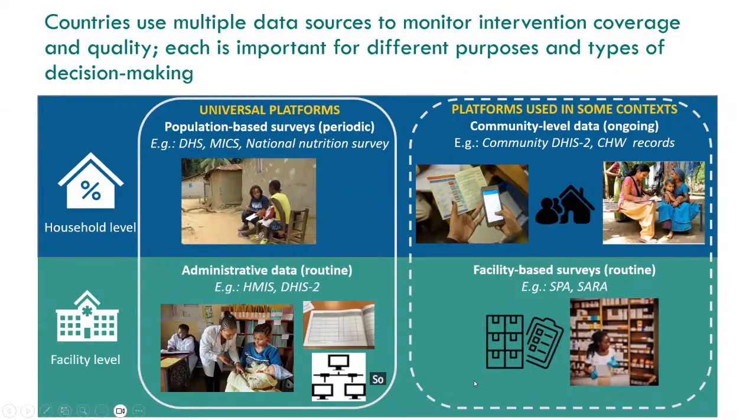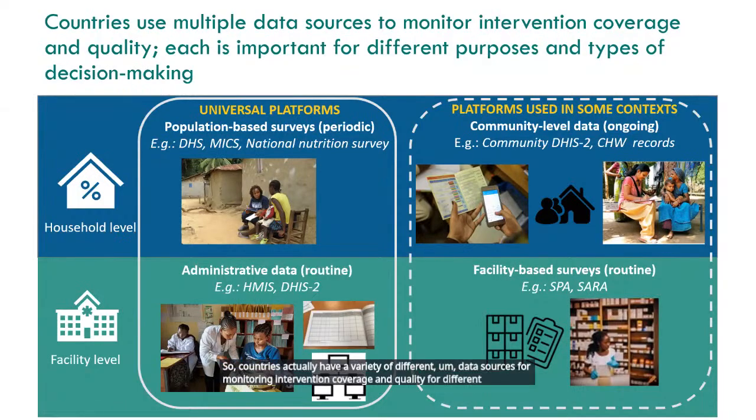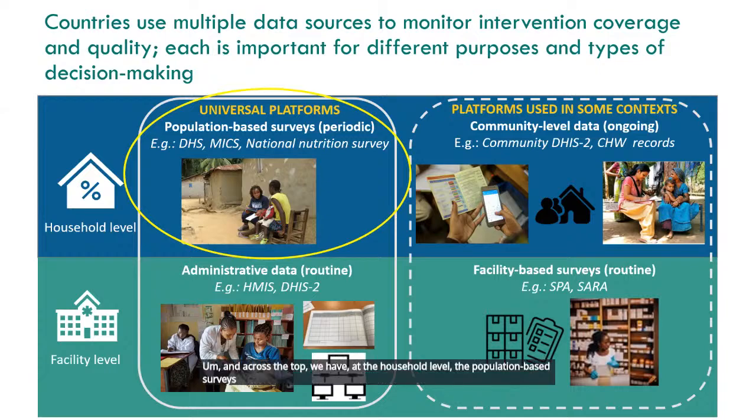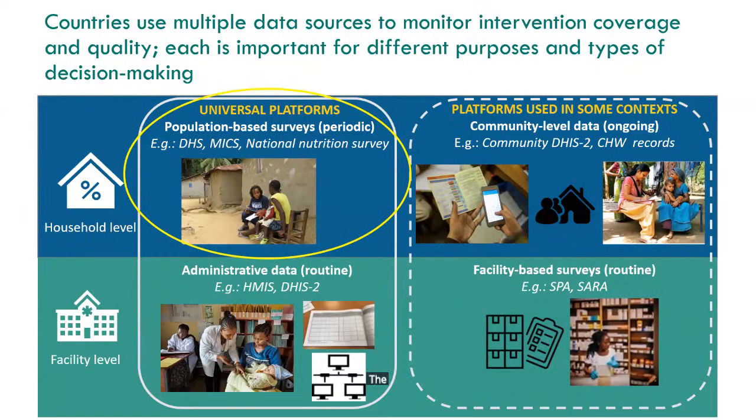So countries actually have a variety of different data sources for monitoring intervention coverage and quality for different purposes. Each is really important for a variety of purposes and types of decision making. Across the top, at the household level, we have the periodic population-based surveys, such as the DHS, the MICS, national nutrition surveys, and SMART surveys.